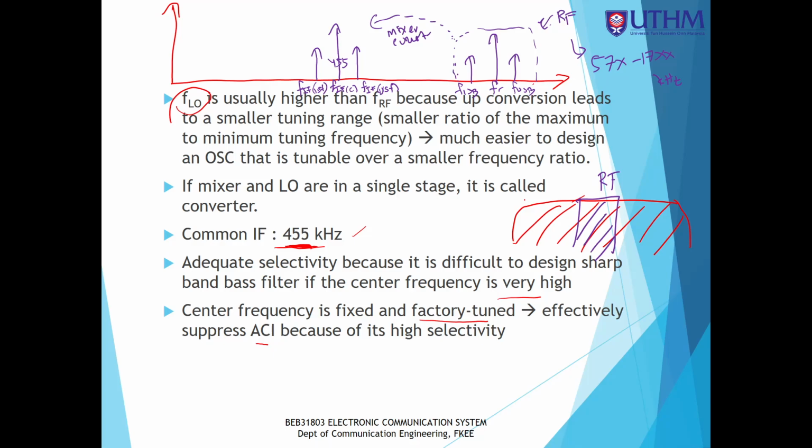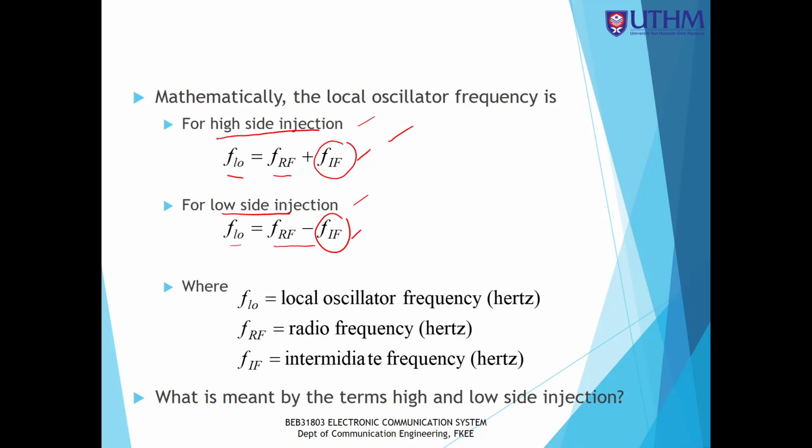Okay, and then what? So we have seen this. What is meant by the term high side and low side injection? I already explained the answer to these questions. High side injection is when the local oscillator frequency is higher than the RF frequency.